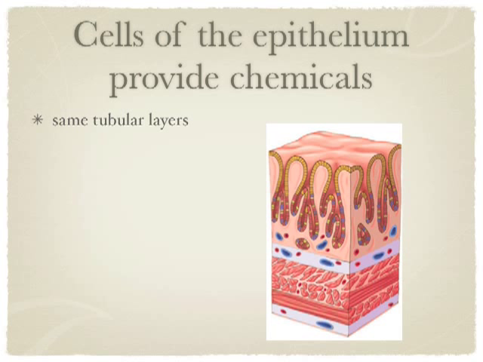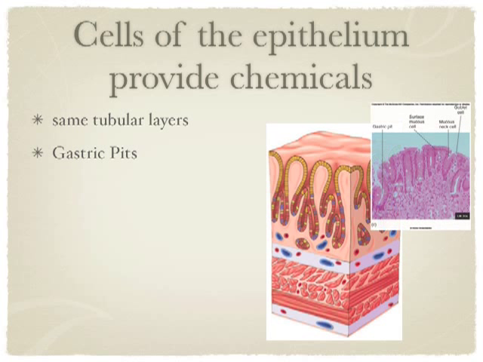The invaginations, or the little structures here that dive so deep within the mucosa, are called the gastric pits. And in a microscope, they look something like this. You can see they're deep folds of the epithelial membrane down into the submucosa of the layer there.